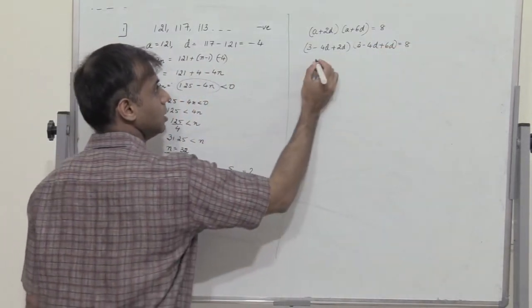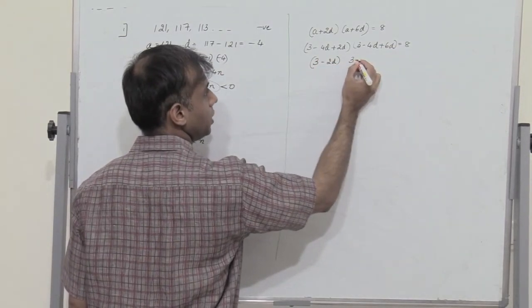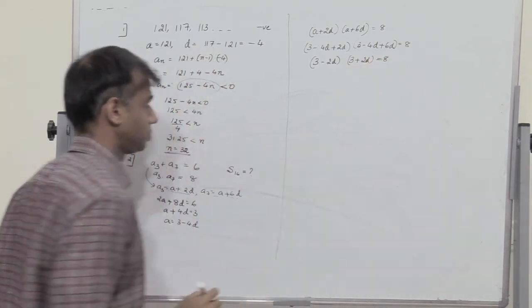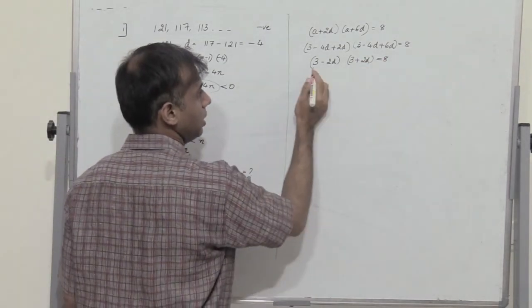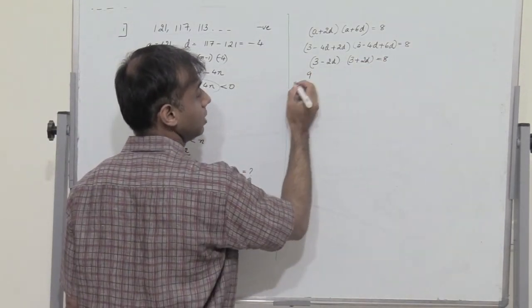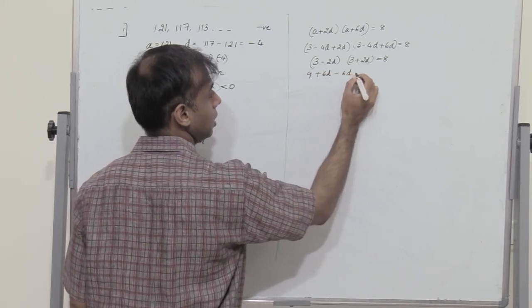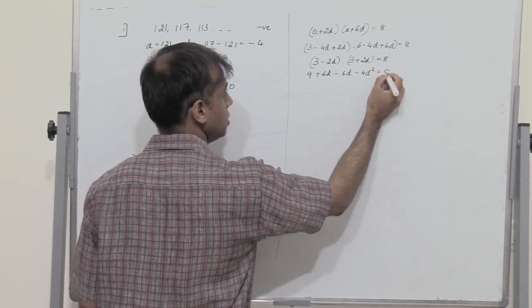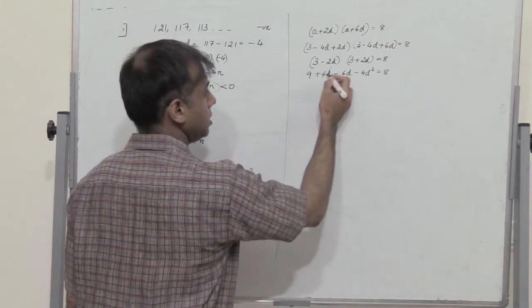So we have 3 minus 2d, and then we have 3 plus 2d equals 8. So now let me multiply the two expressions. So we get 9, and then we have plus 6d minus 6d, and then we have minus 4d square equals 8. So I cancel these two.